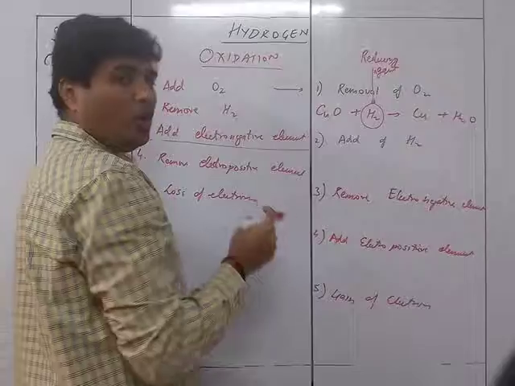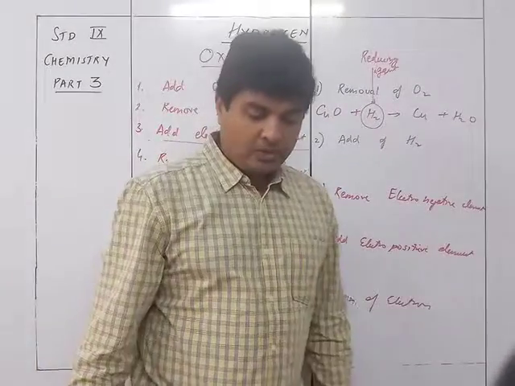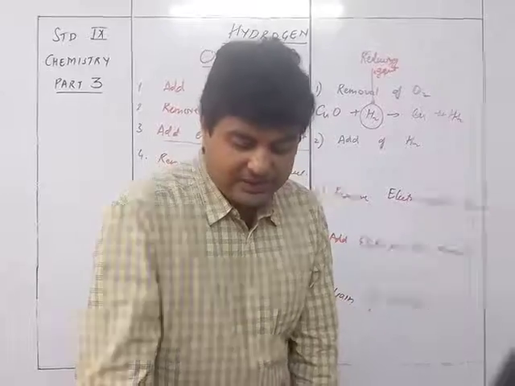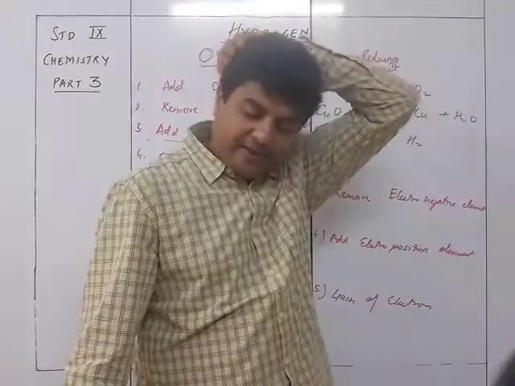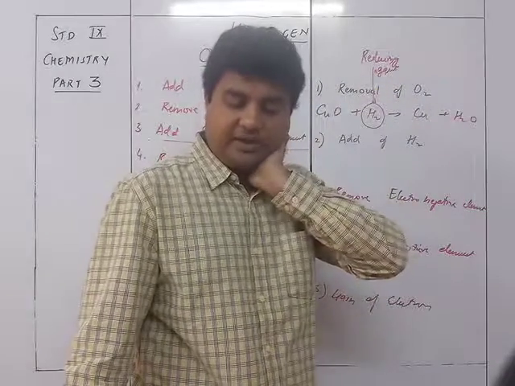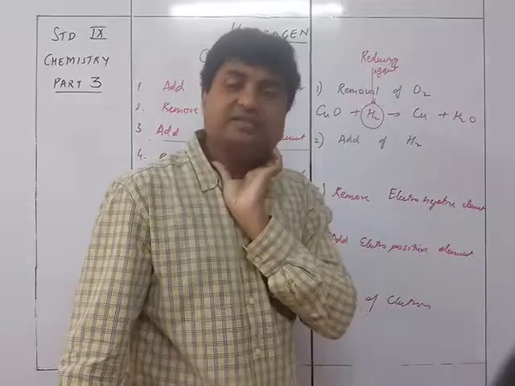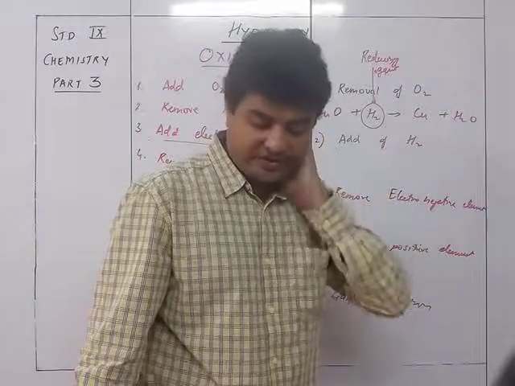So CuO is getting reduced to Cu using hydrogen. Copper oxide loses oxygen, thus reduction of copper oxide to copper takes place. So CuO plus H2 gives Cu plus H2O, where H2 is the reducing agent, whereas ZnO plus C gives Zn plus CO, where C is the reducing agent.